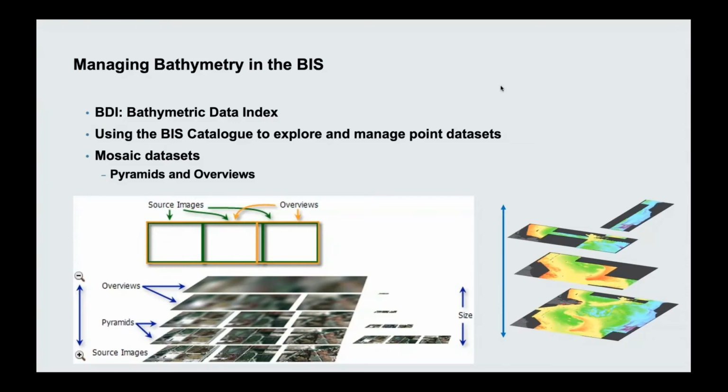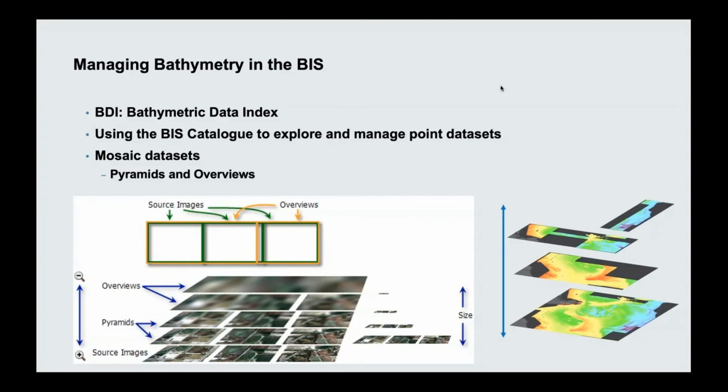So first is the BDI, what we call the Bathymetric Data Index. And we can think of it as a catalog of all bathymetric data in the database that are managed by a mosaic dataset technology within the BIS, within the geodatabase in the BIS.